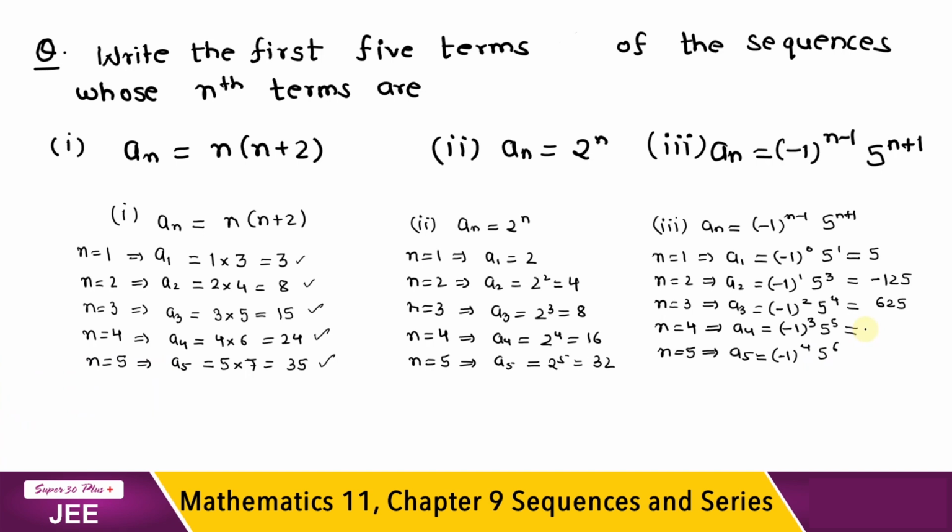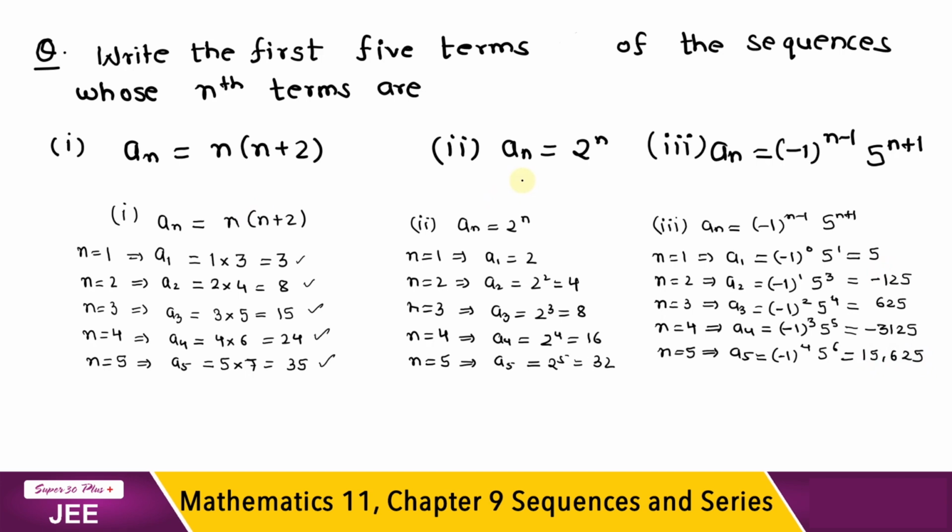So the fourth term is equal to minus 3125 and this one is equal to 15,625.